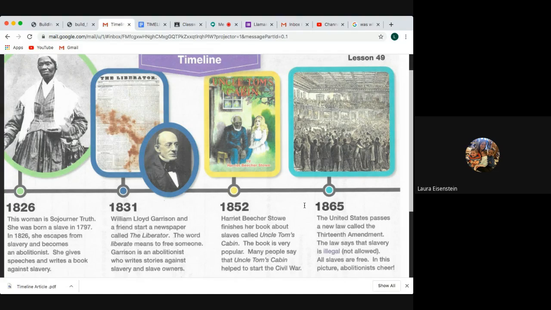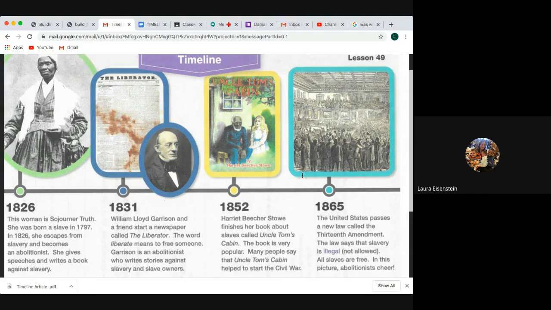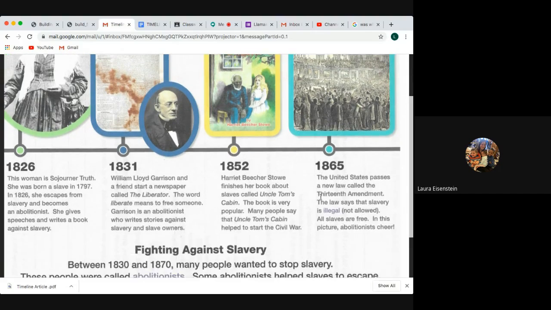In this picture, abolitionists cheer. So this is a drawing of a whole bunch of abolitionists celebrating. They're cheering because a new law has just been passed that outlaws slavery. It says slavery is now illegal in the United States. And that was the 13th Amendment, which is a very important law in our Constitution.